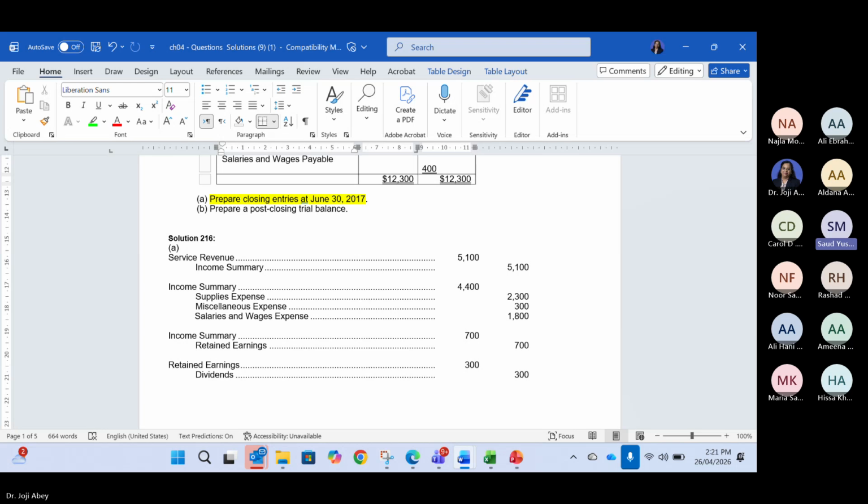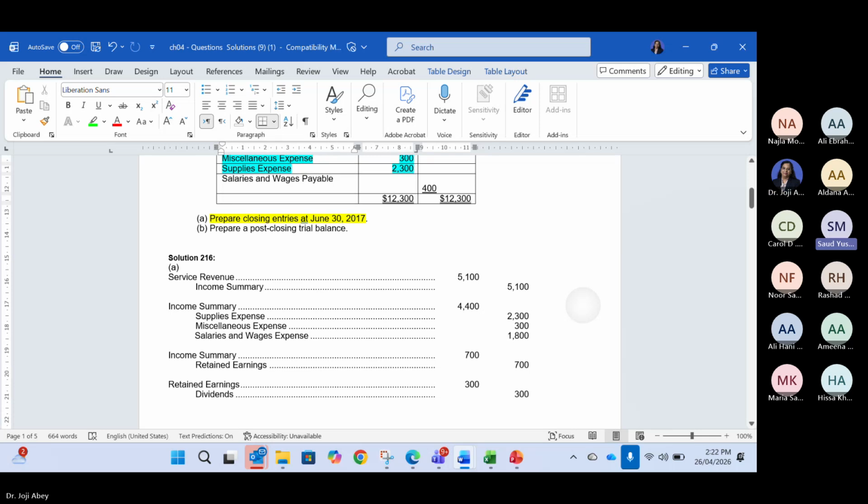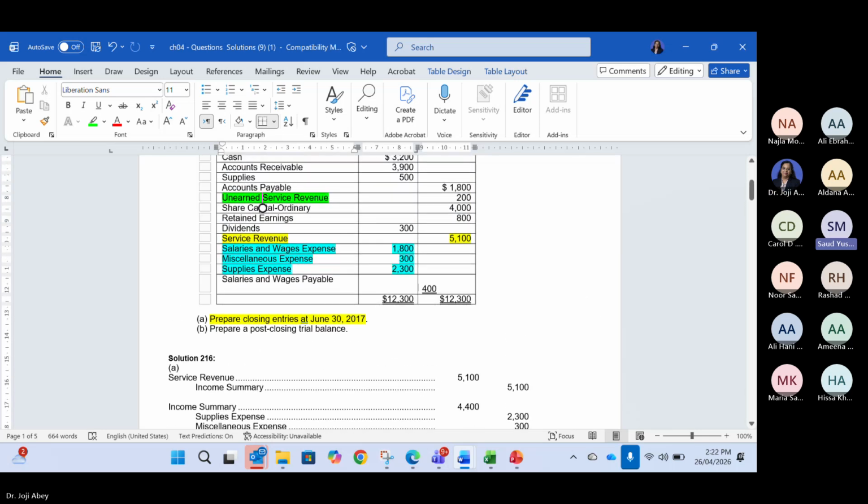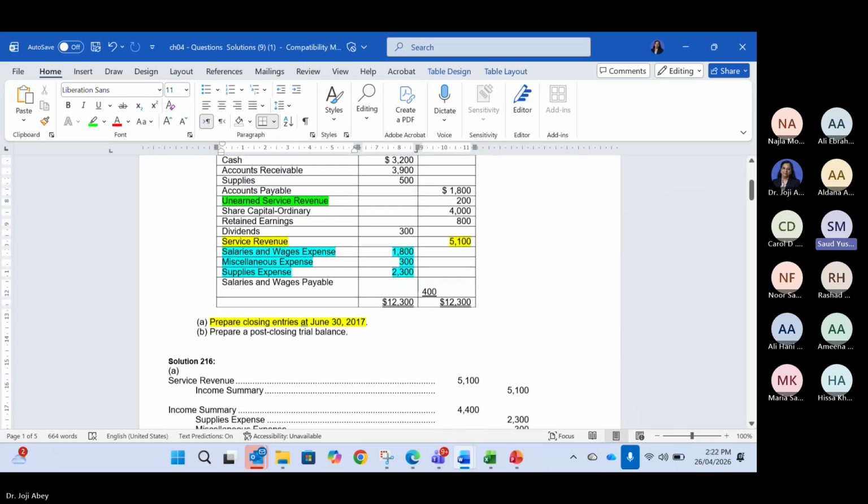It's 4,400. The expenses, we are closing now. So how much is your expense? This we will be closing with our income summary. 4,400, the total of your expenses. Clear? Okay.